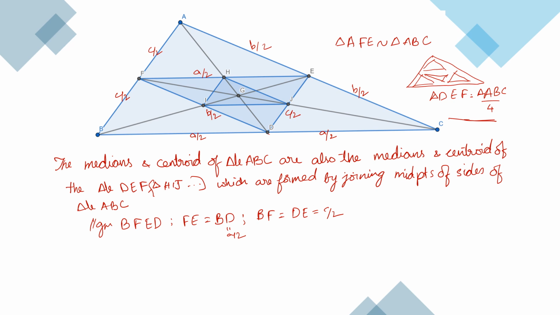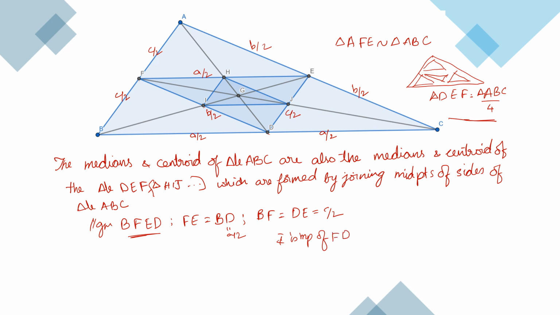So this is a parallelogram, right? And the point of intersection of diagonals bisect the diagonals in a parallelogram, right? So this point I here is the point of intersection of diagonals in the parallelogram BFED, right? So I is the midpoint of FD.